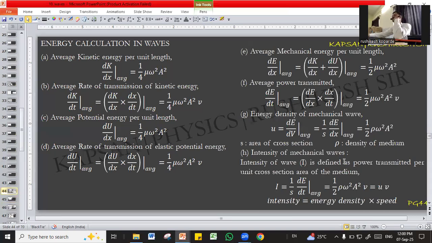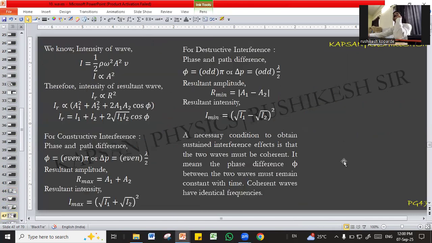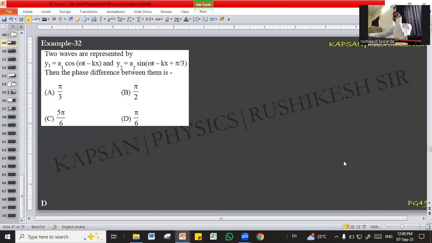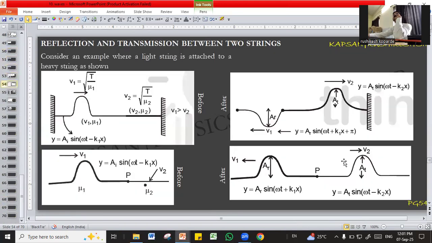How to calculate energy per unit length, per unit time, intensity of a wave, power of the wave. Then again questions. So we have many questions here.